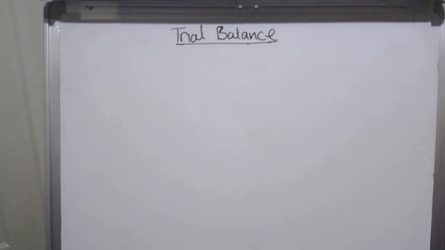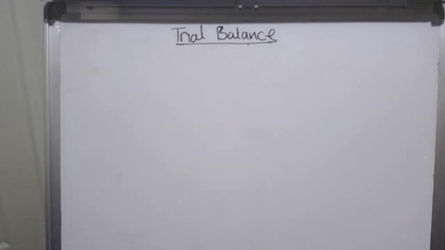Okay, now that we have done our journal entries, let's move the figures that we obtained from the journal entries into the trial balance, so that we come up with something that is balancing. Remember, the trial balance is based on the accounting equation, and it must balance.